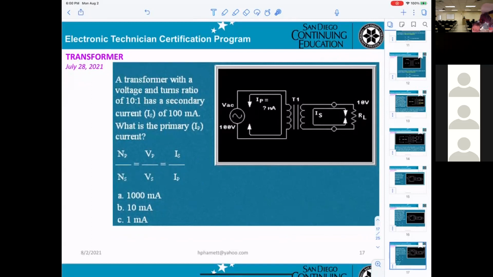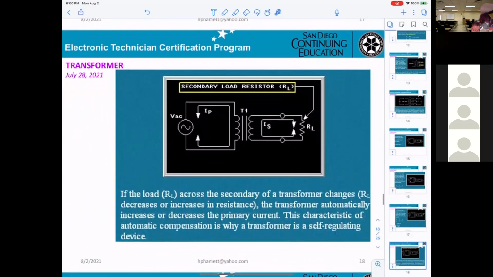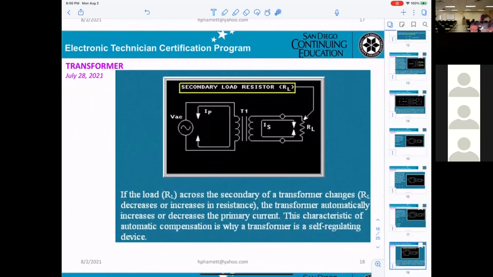That is very, very basic, so that's why I'm not doing the calculation, but I can tell you it will be 10 milliamp. If the load changes, that means now you get a resistor here. That is the load across the secondary of the transformer. A decrease or increase in the resistance, the transformer automatically increases or decreases the primary current.